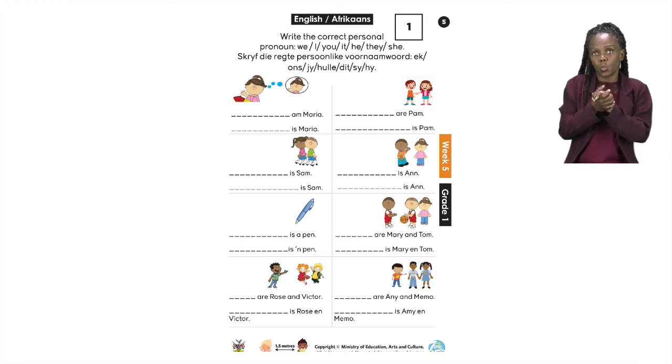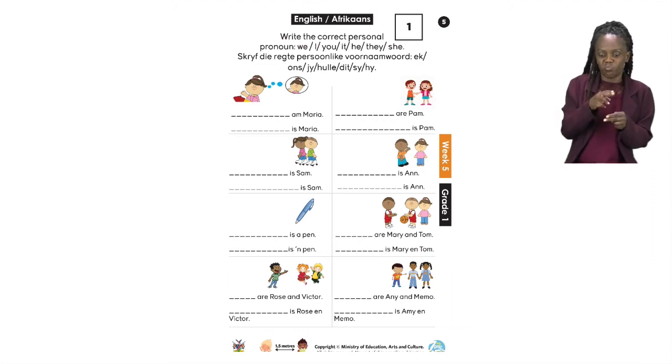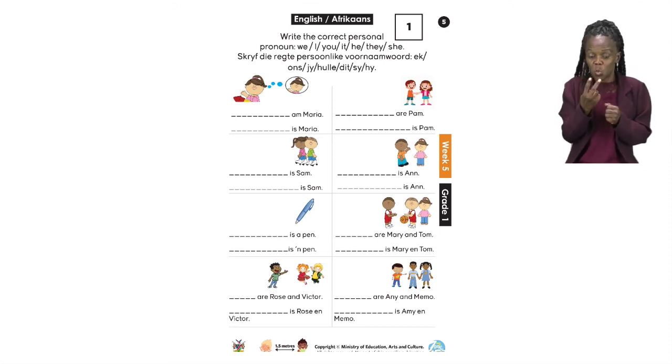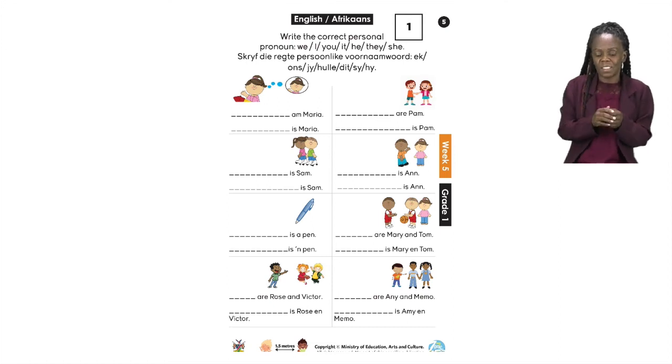The next picture that we can see is of two friends shaking hands. Now this one also has their own personal pronoun. So we are not going to use the word I because we used it before. So, do we use we, you, it, he, they, or she?